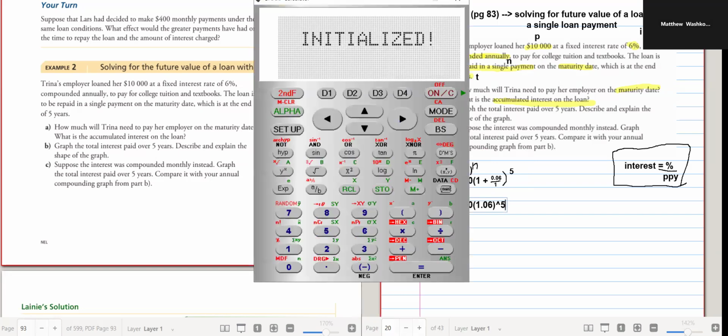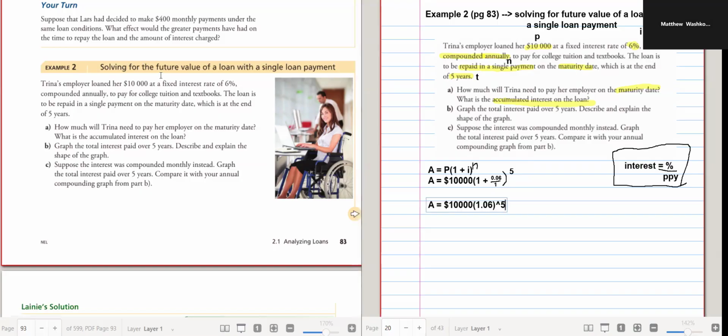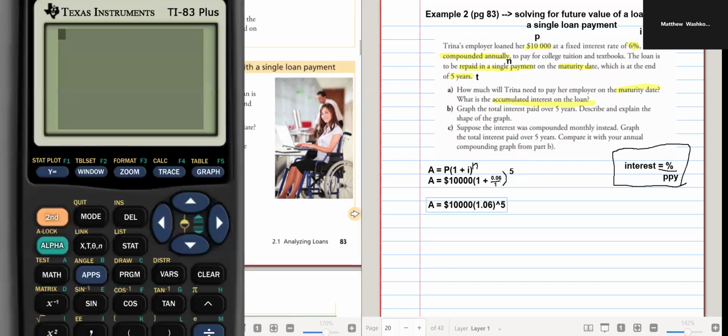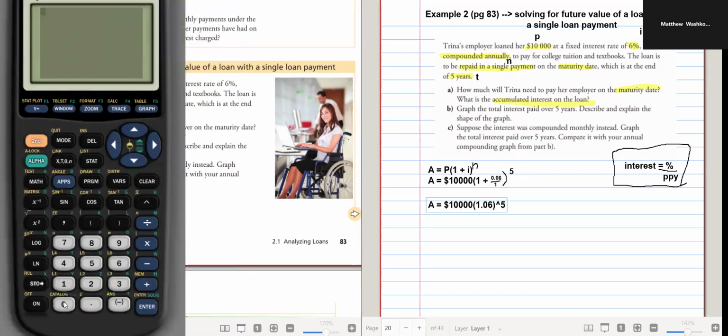So now I should be able to take my calculator. Actually, I'll use the same one you guys are using. $10,000 bracket 1.06 bracket to the power. Where's my power button on this thing?